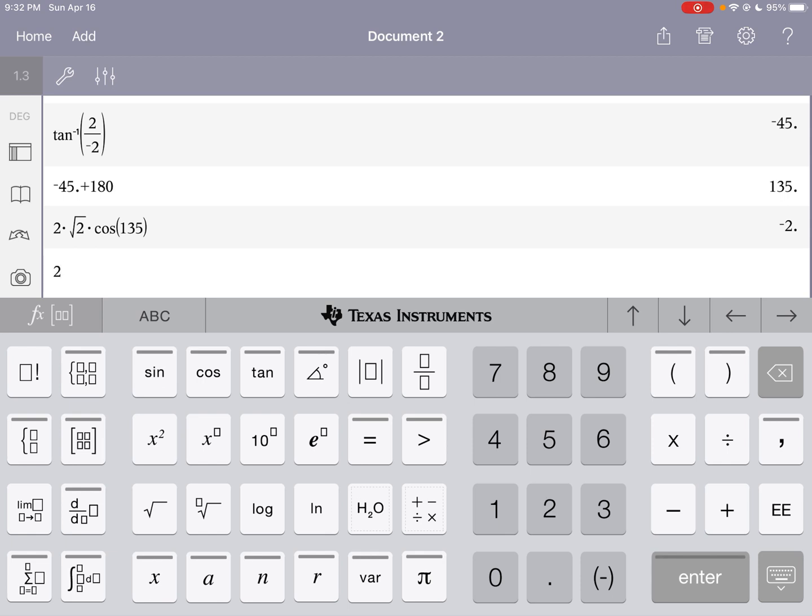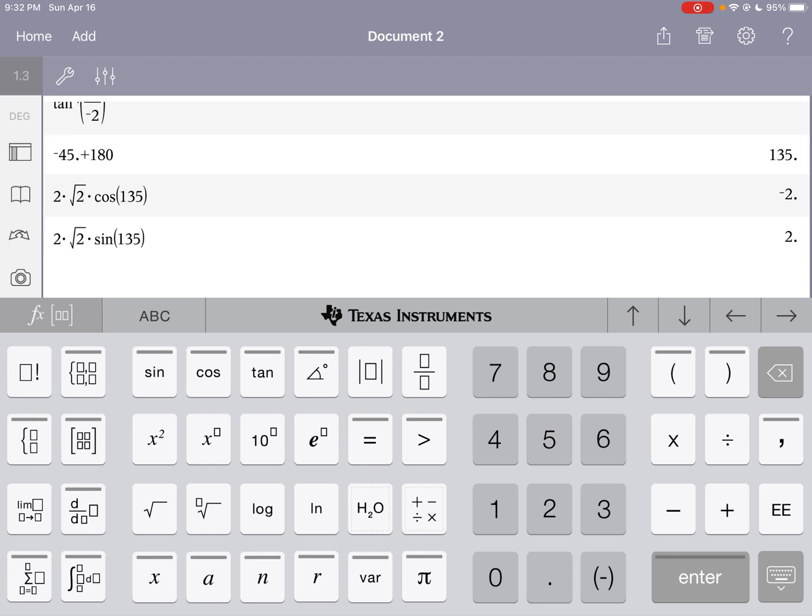If I do 2 rad 2 times sine of 135, it gives me 2. So I'm showing you that if you try to do anything from this point, it's just going to get you back where we started and you just undid everything that we worked for. You can do this to check your work, and that's it. Only to check your work.